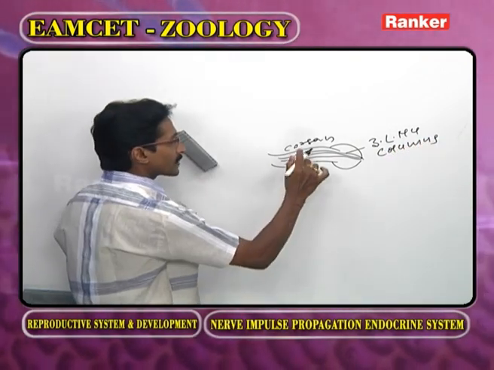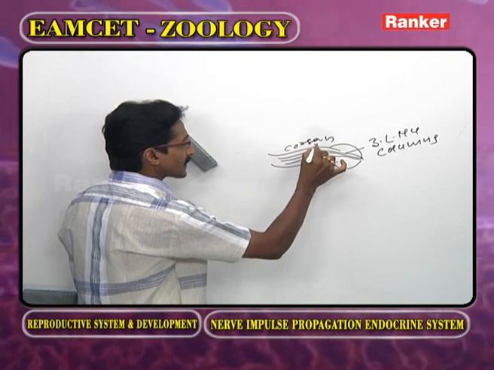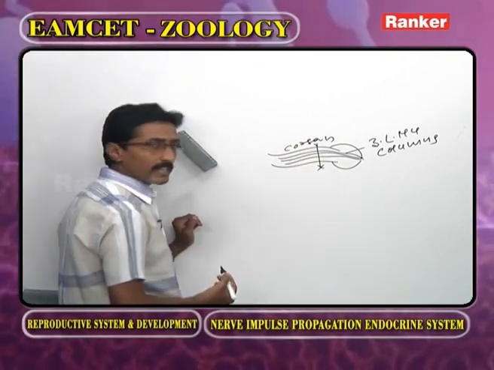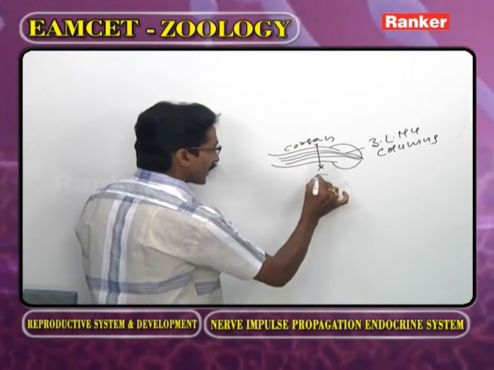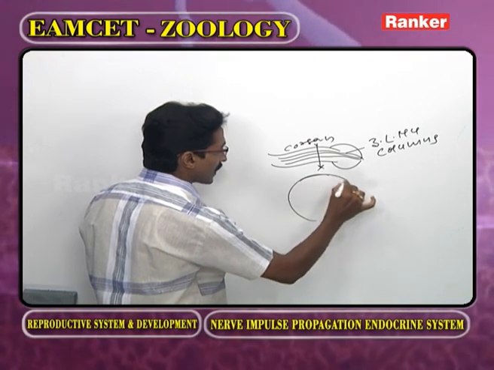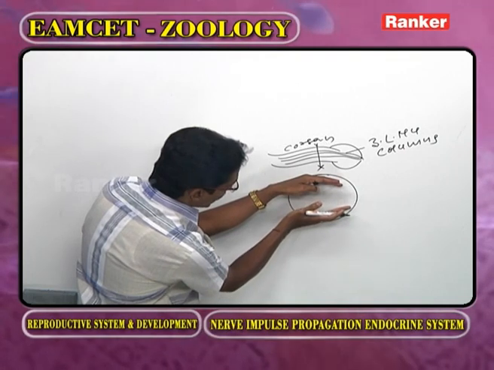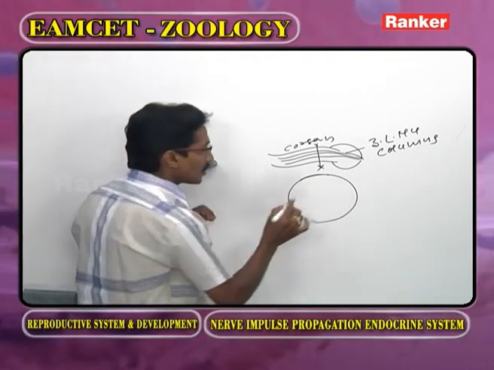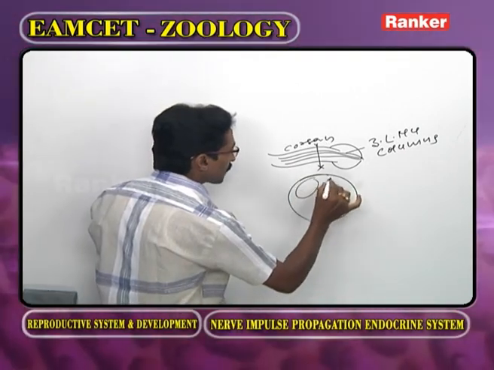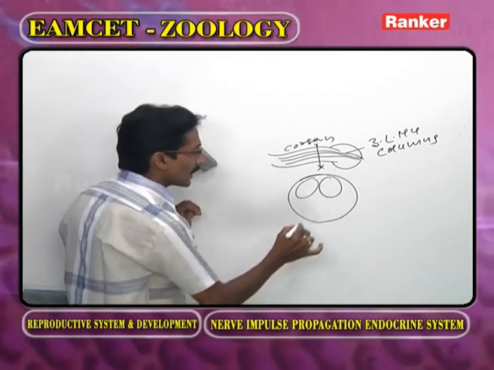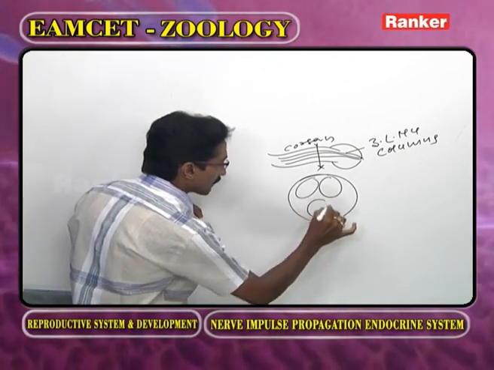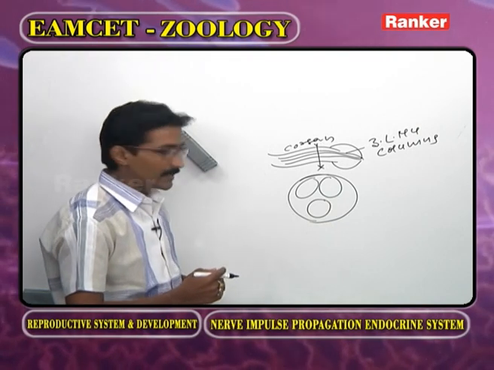Now as we observe the transverse section of the copulatory organ, this is the dorsal side and ventral side. Dorsally corpora cavernosa and ventrally corpus spongiosum is present.